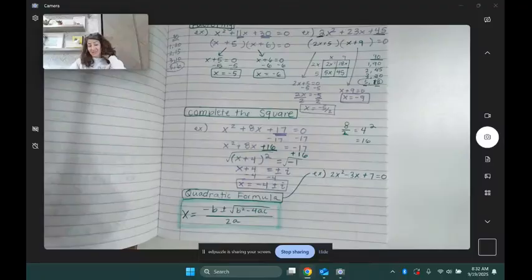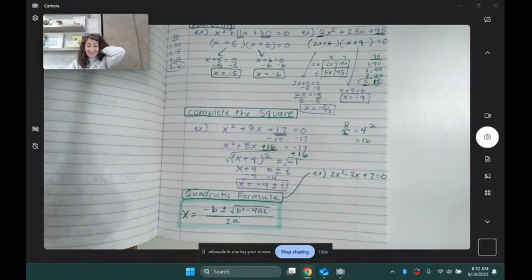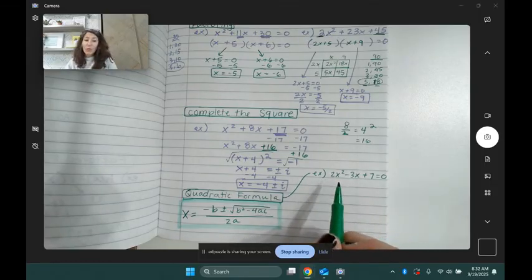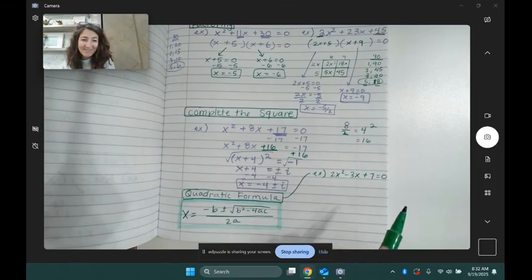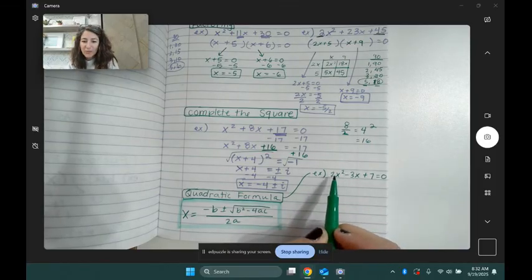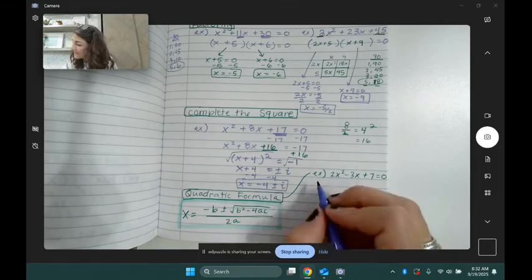So I don't think there's anything that multiplies to 14 and adds to negative 3. I don't like doing complete the square when a is not equal to 1. You can do it, it's just more complicated, because the square root of 2 has to be involved there. So when I come up to something like this, I'm probably going to use the quadratic formula.